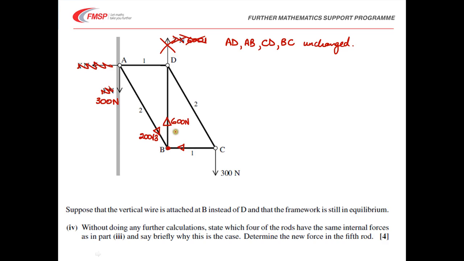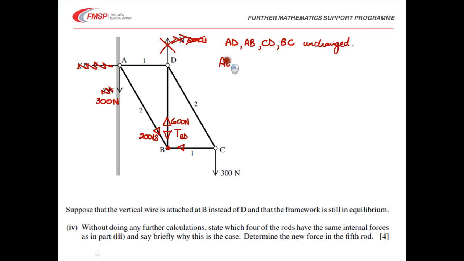There's also going to be a force then in BD, and I hope it's reasonably easy to see that that force becomes a thrust. So I'm going to call that TBD, my new TBD. Because that acts vertically, I'm not really interested in what the value of the compression in BC is. I can just work vertically now.